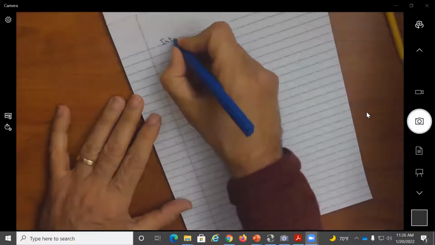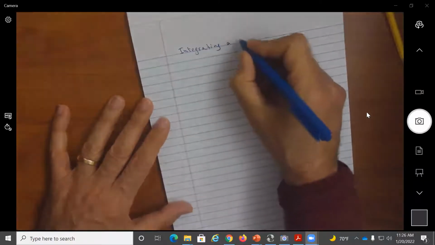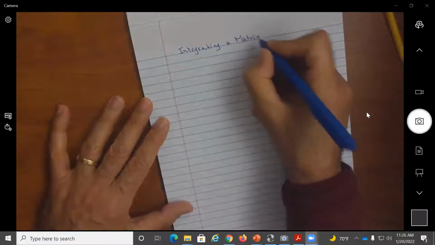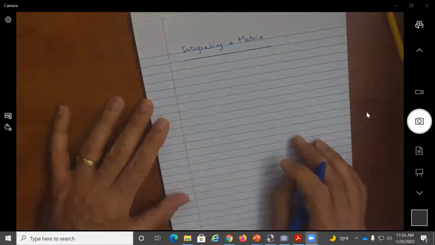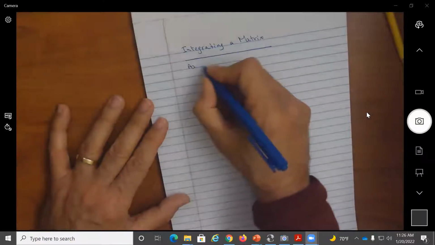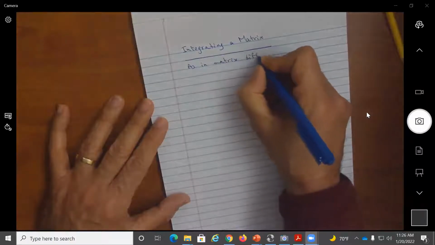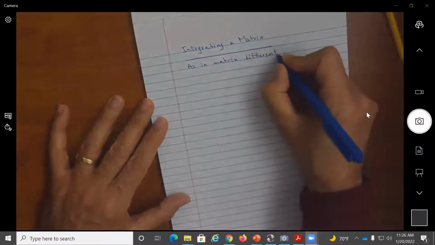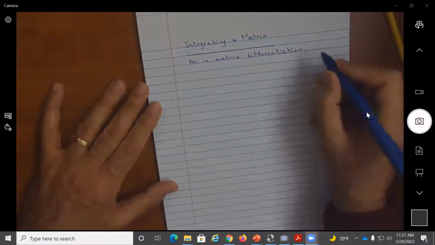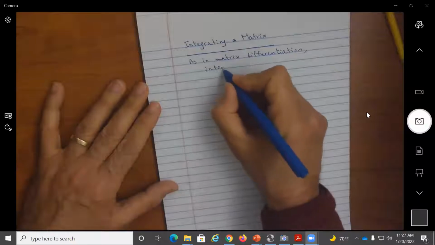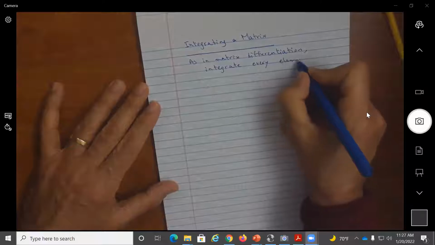Next, we're going to take a look at integrating a matrix. As in matrix differentiation, we integrate every element.